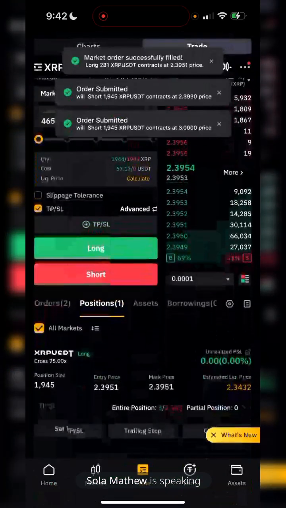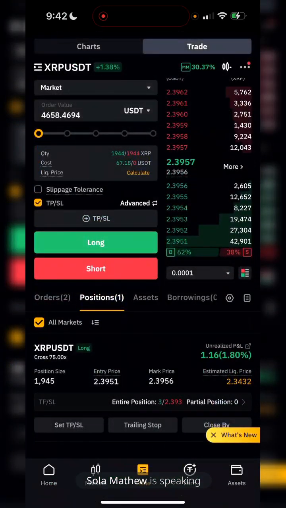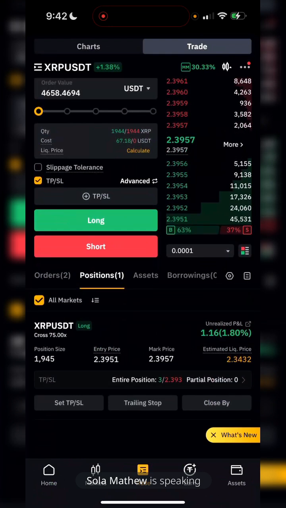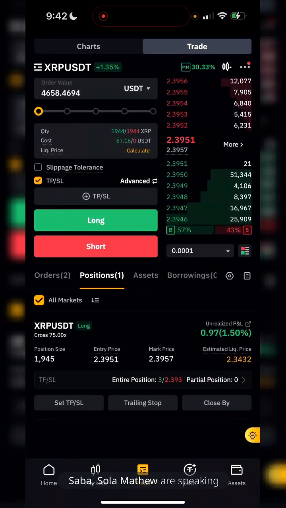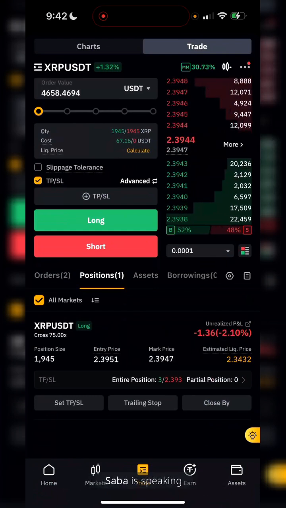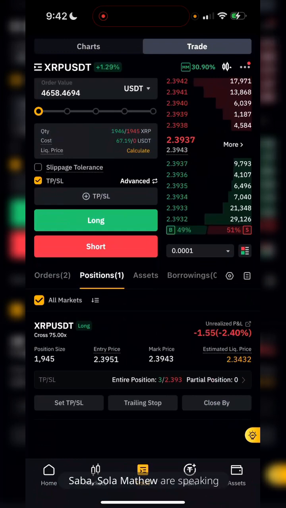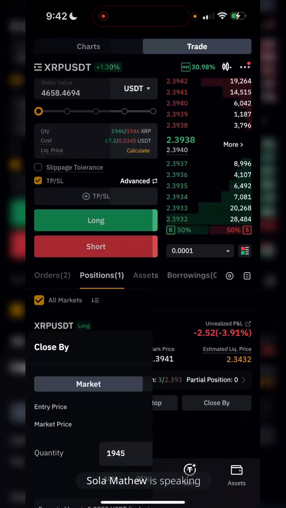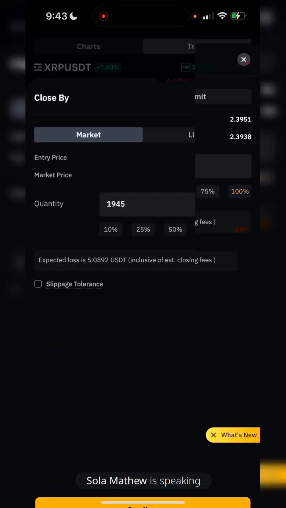But this one, what I will do is I will close it when I make some profit. You see, I've made some. So you see where it says close by? Where is it? Close by. Oh, it's now going down again. But let's see. Close by is when you now shut off from the market. So you can shut it up now. You see, I can just close it at market price.